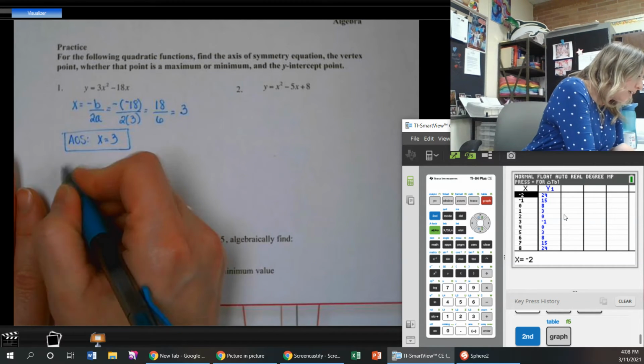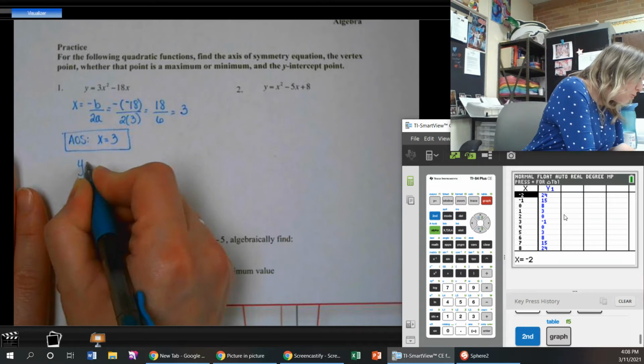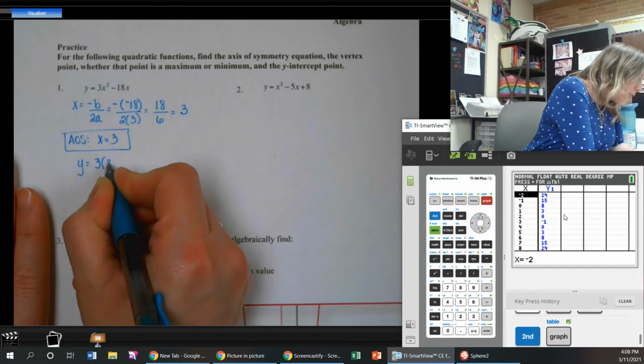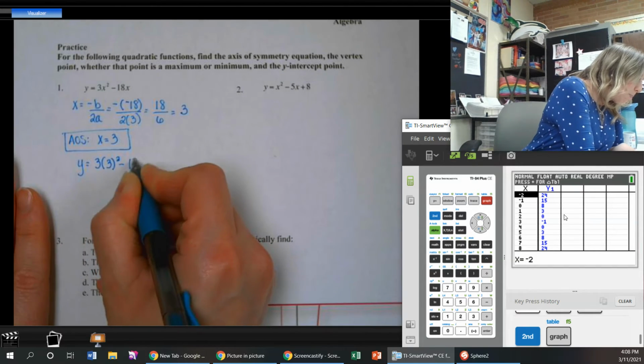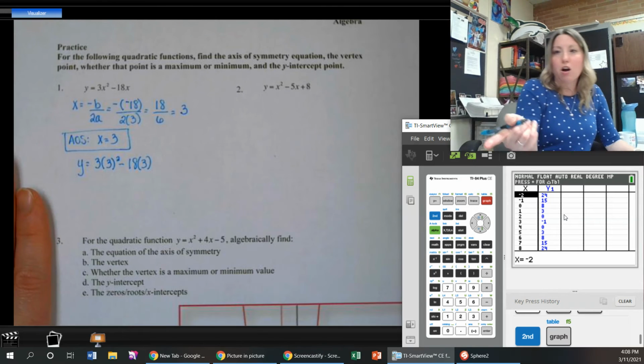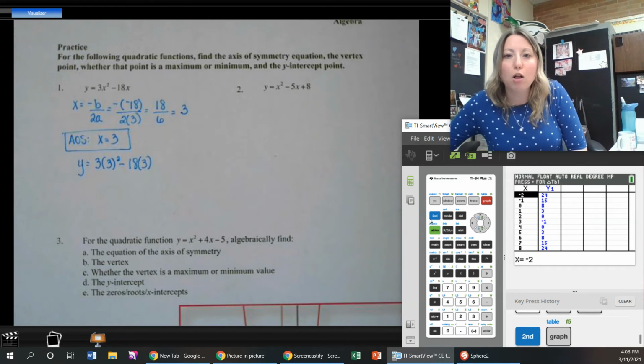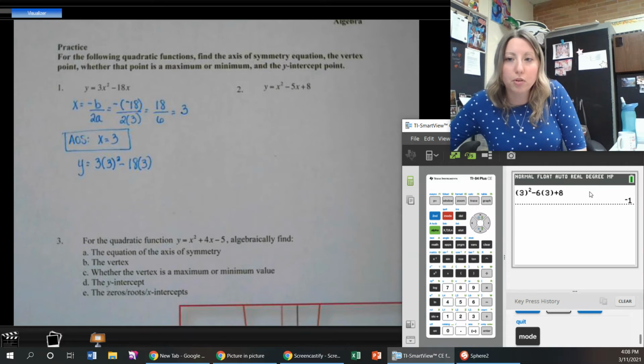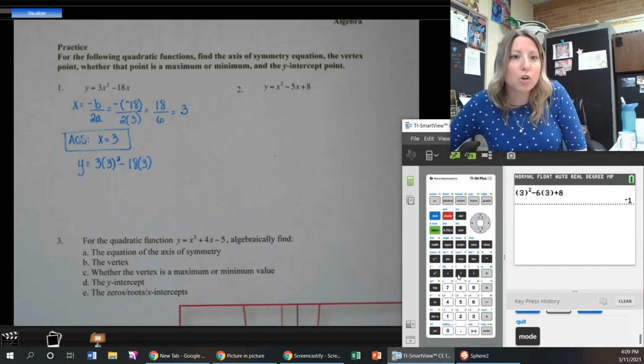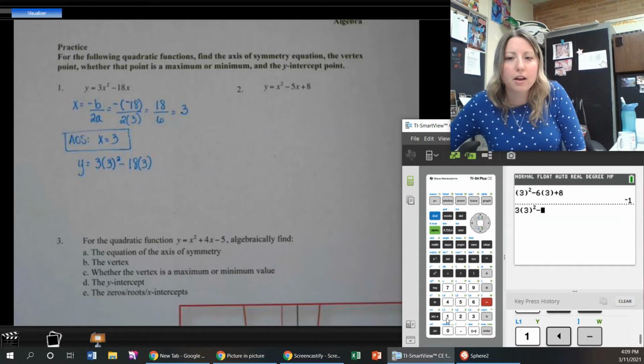Then we take that value and we plug it back into the original function everywhere we see x. This step, we can actually use our graphing calculator to help us plug in, just like we did here. So 3 times 3 squared minus 18 times 3, and see what we get.